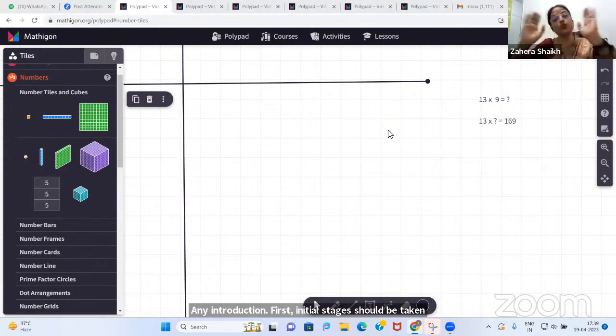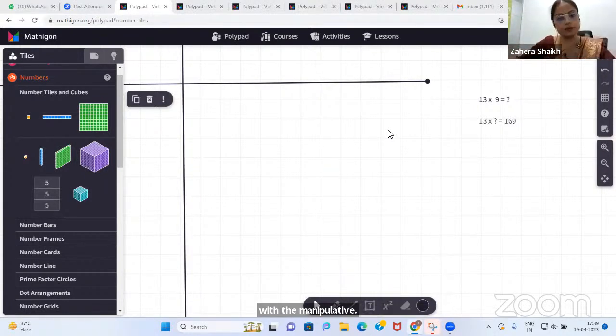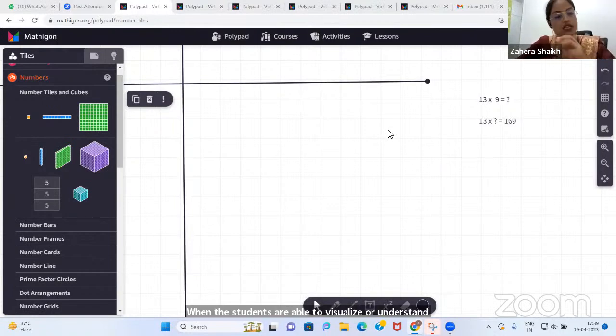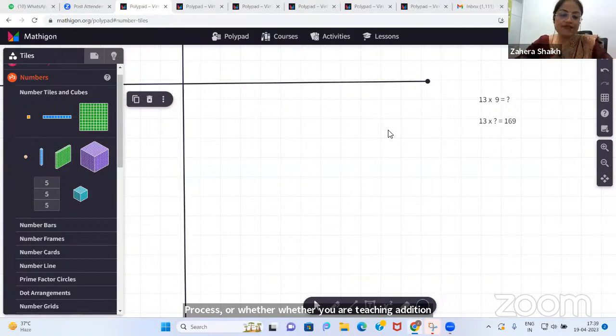When the students are able to visualize or understand the concept of that number process, whether you are teaching addition, subtraction, or quantification, whatever. First, if the children are able to see that number in different contexts and manipulate that number fluently, then you can ask them to solve the questions from the worksheets. It will be easier for them to solve independently.